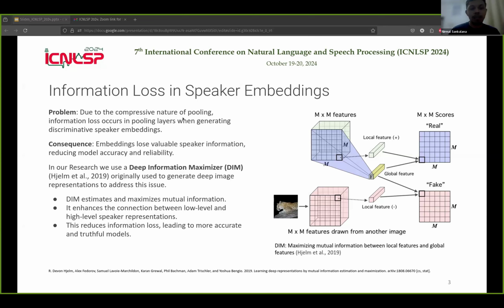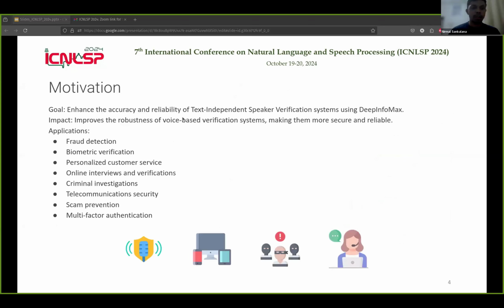This helps to reduce the information loss and leads to more accurate and reliable models. The motivation behind this research project is to enhance the robustness of voice-based verification and make the system more secure and dependable.